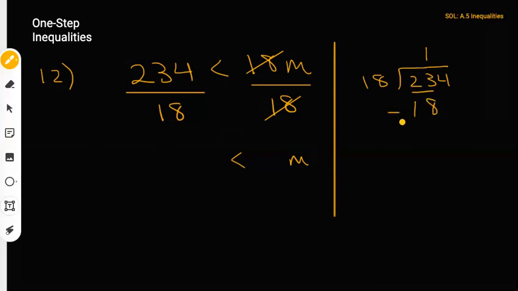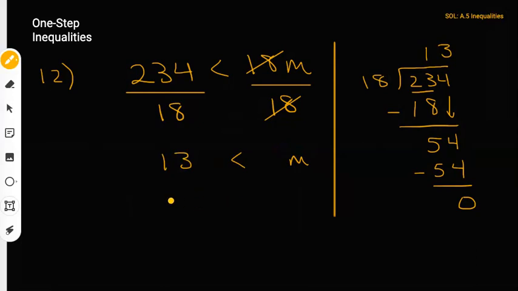And now I subtract. 23 minus 18 is going to give me 5. And I bring down the 4. How many times can 18 go into 54? 3 times, because 3 times 18 is going to give me that 54 that I want. And now I can subtract and have a remainder of 0. So this number is going to be a 13. 13 is less than m.